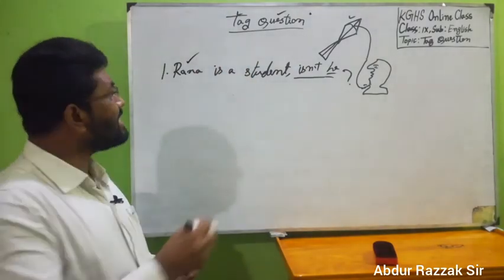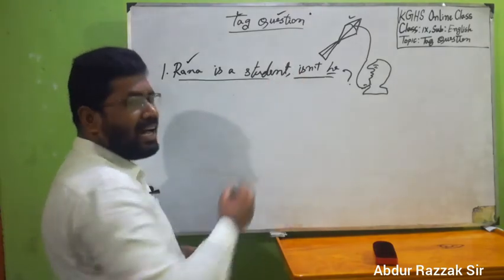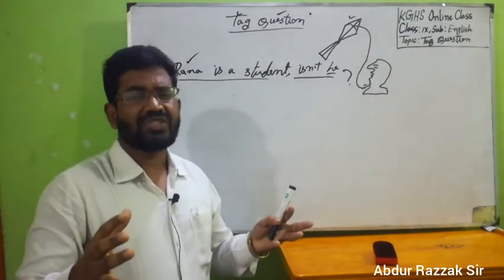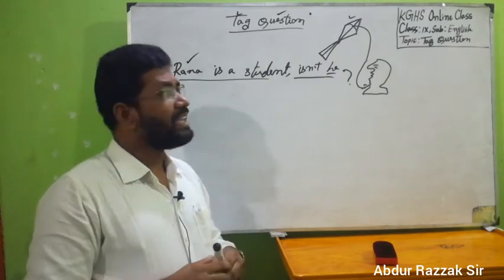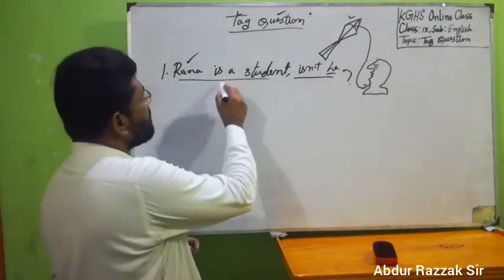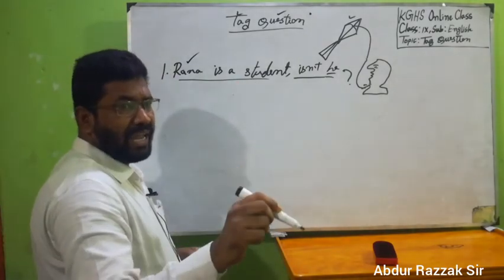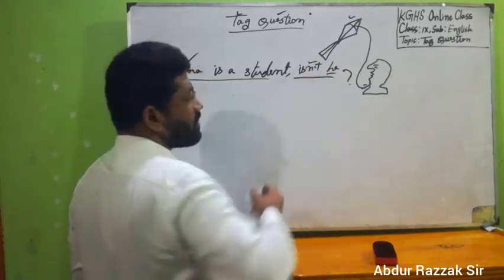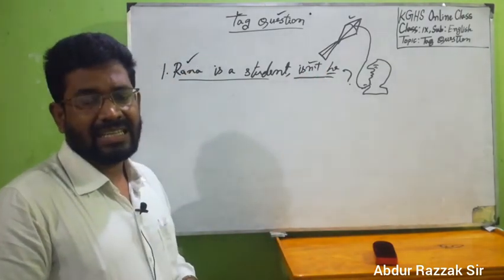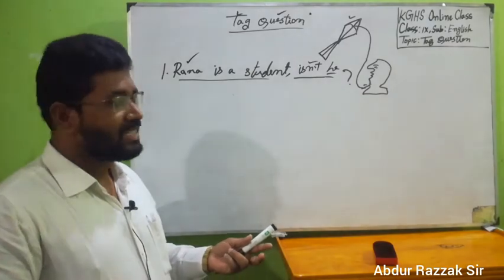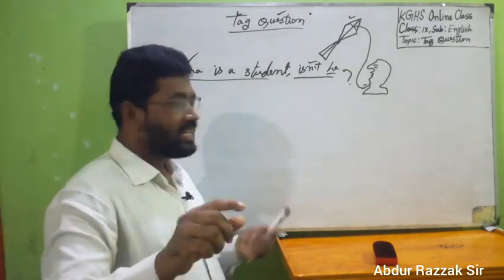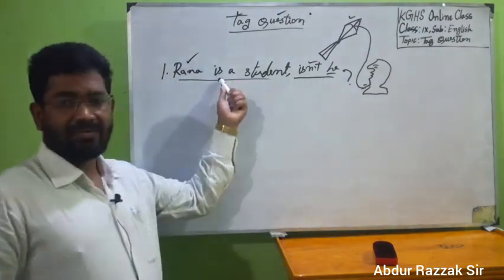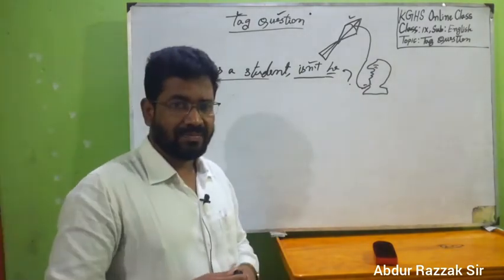This is a positive statement. So if the statement is positive, you have to make a negative tag. Yes, you should add not with the linking verb, modal verb or auxiliary verb.